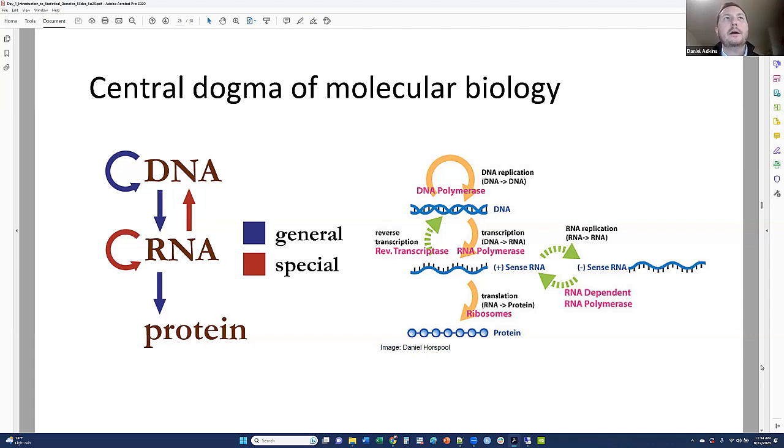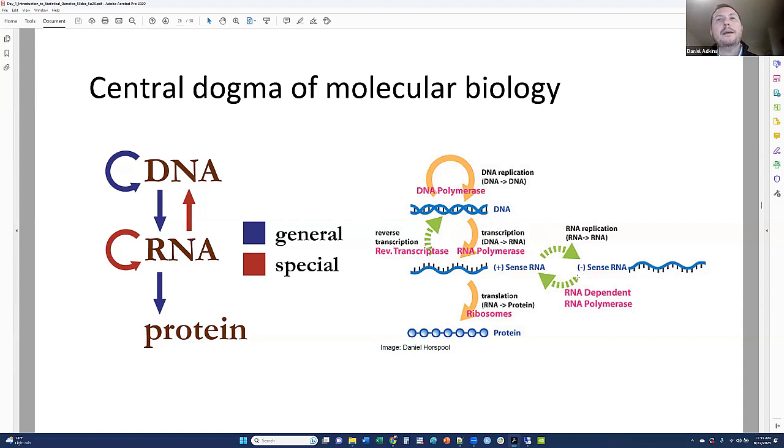Maybe one of the most central theories to molecular biology is known as the central dogma of molecular biology. The figure on the left side of the screen and the figure on the right side of the screen basically describe exactly the same thing.